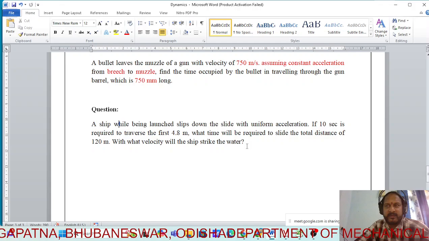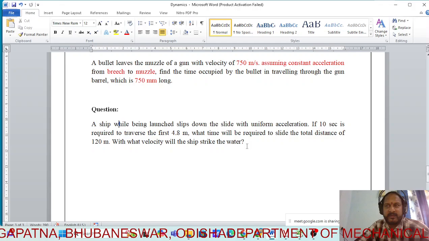So during launching, it is sliding with uniform acceleration. Again, what is uniform acceleration? I told you already. Velocity is changing in equal intervals of time.